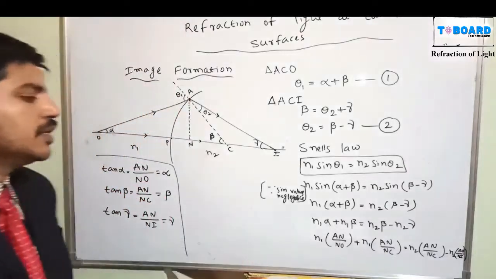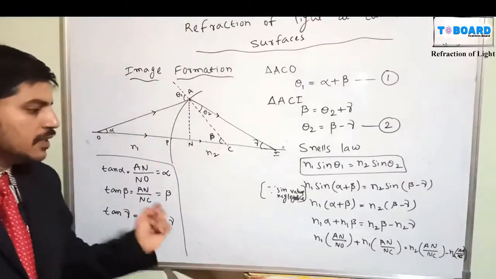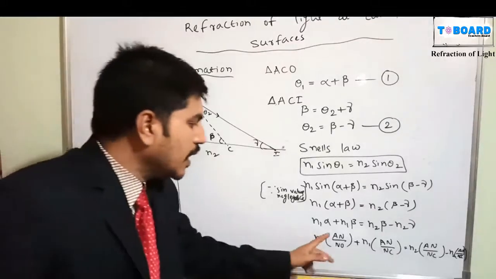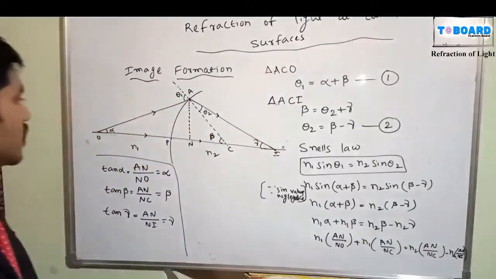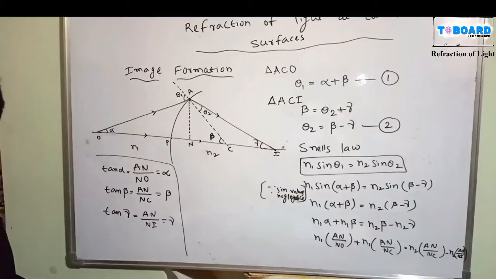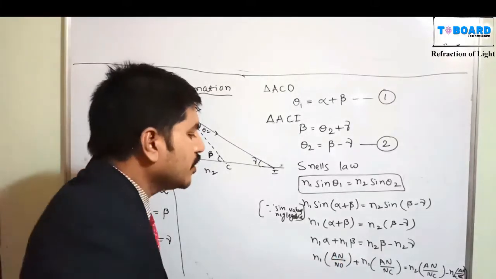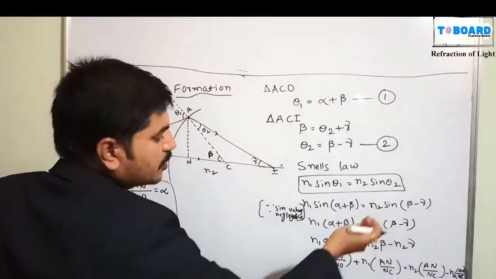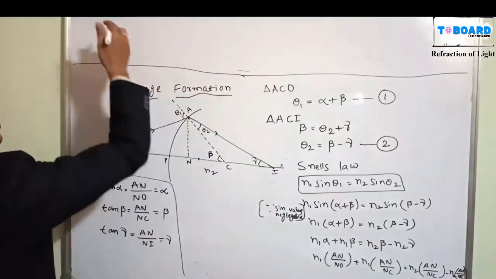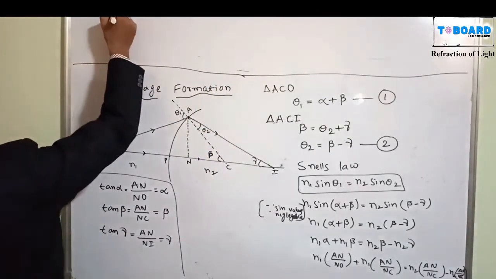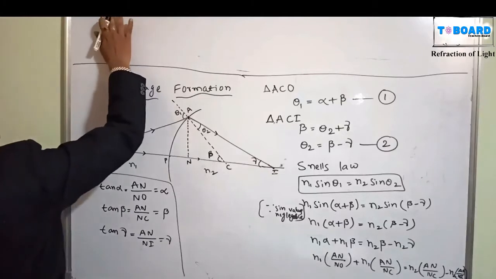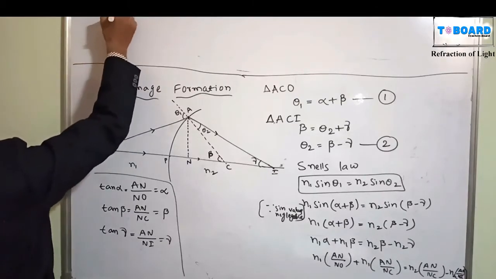In this equation, once you observe, on both sides I am going to take AN as common. N1 into AN by NO plus N1 into AN by NC, so I take AN as common for these two.